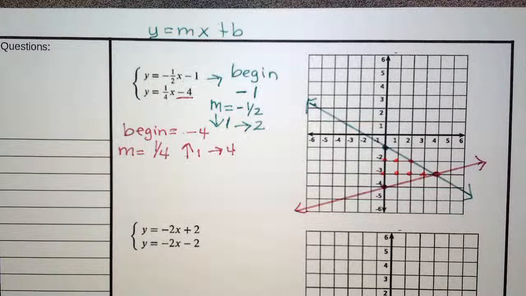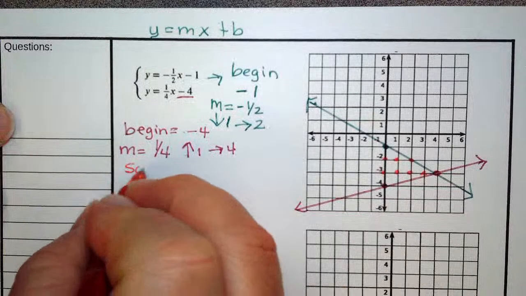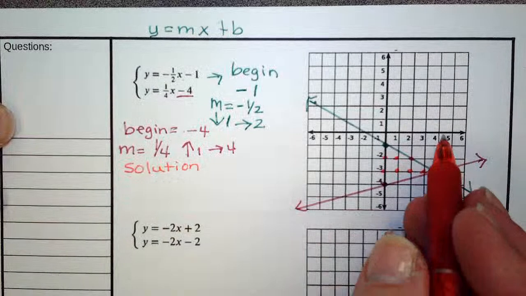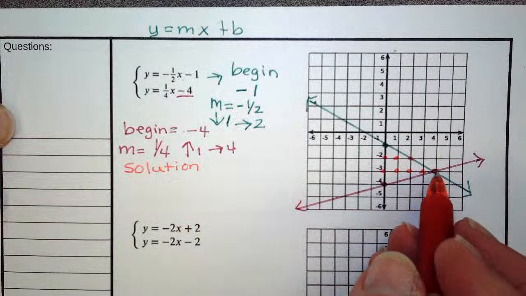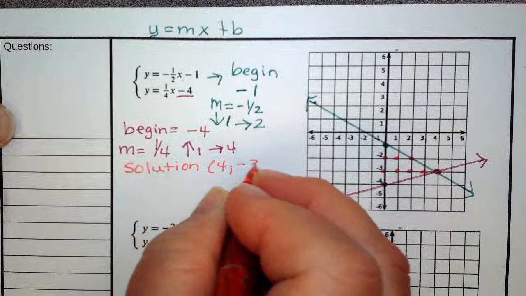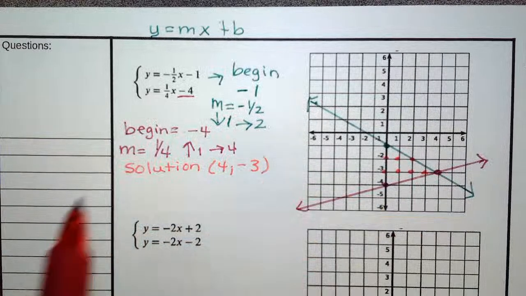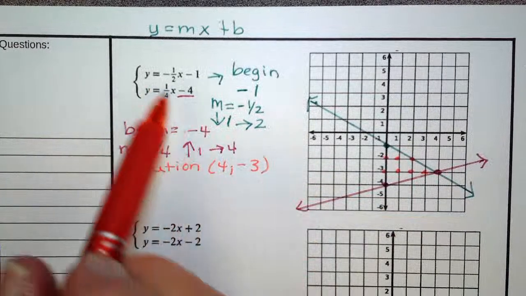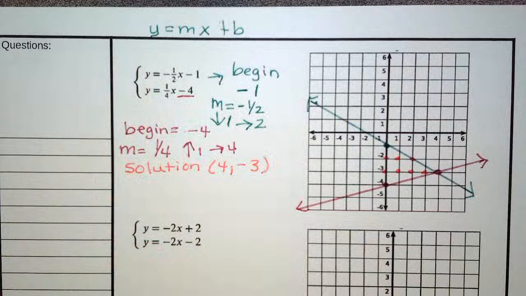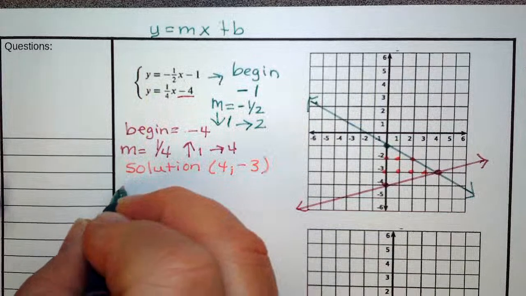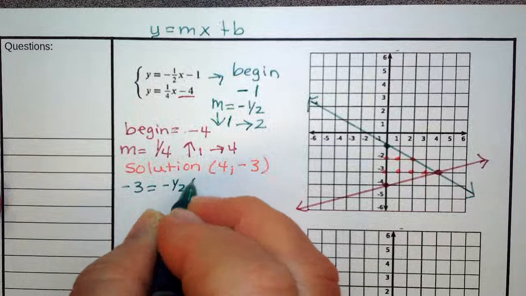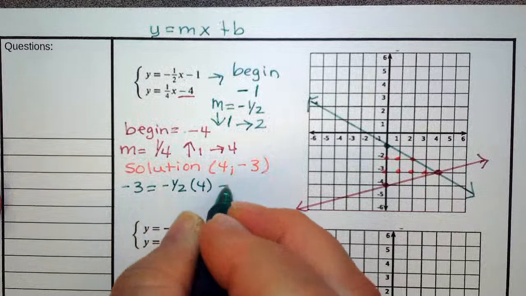So my solution is the point (4, -3). If we're going to substitute in, is -3 equal to -1/2 times 4 minus 1 more?